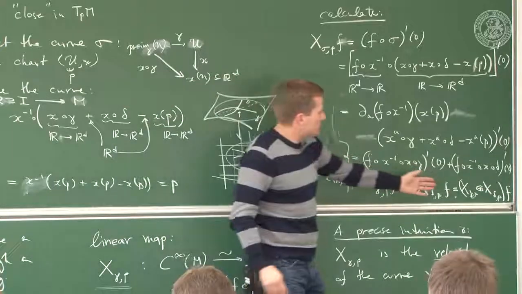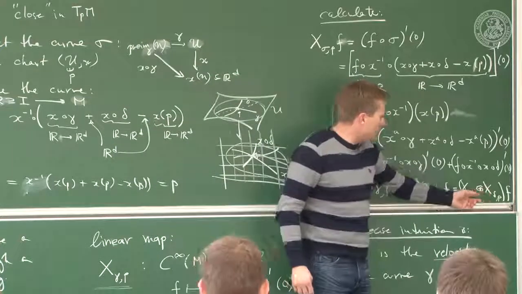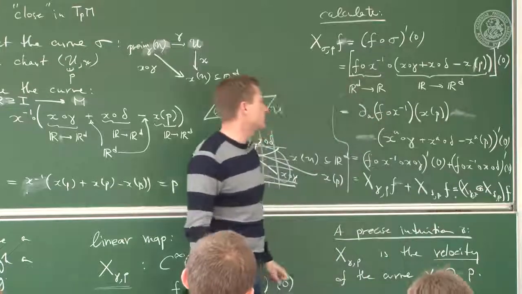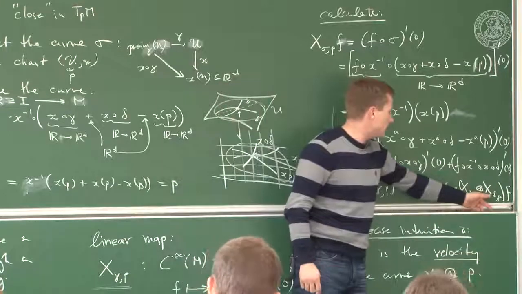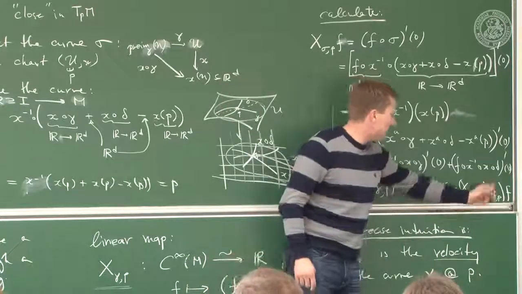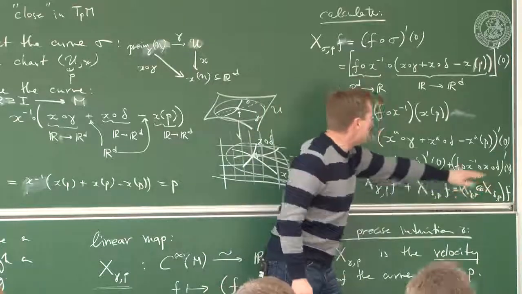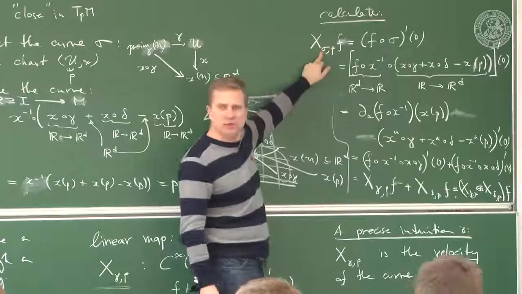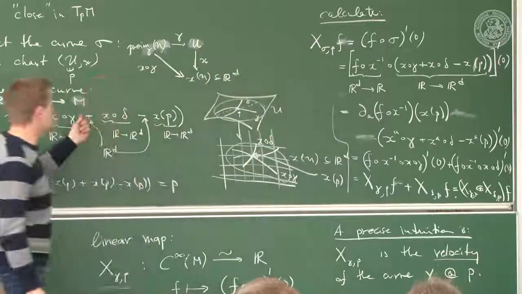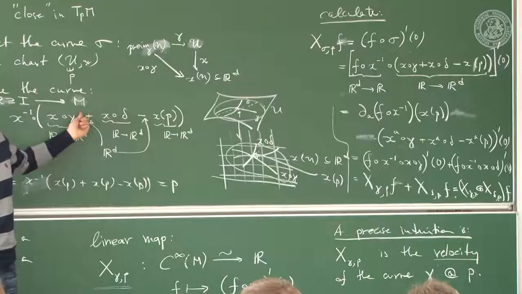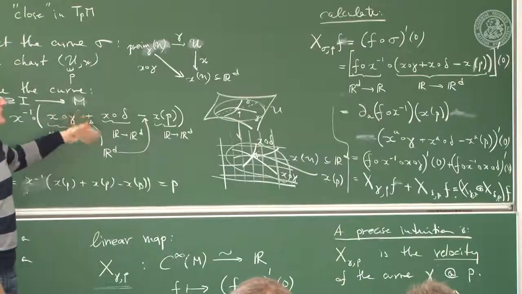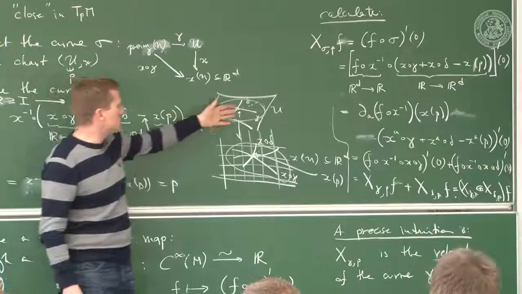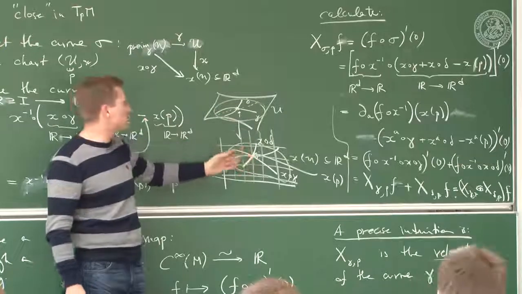So we managed to show that indeed the sum of the two directional derivatives, or the tangent vectors to the curves gamma and delta in the same point p, indeed equals the tangent vector to another curve sigma, which we constructed here explicitly.